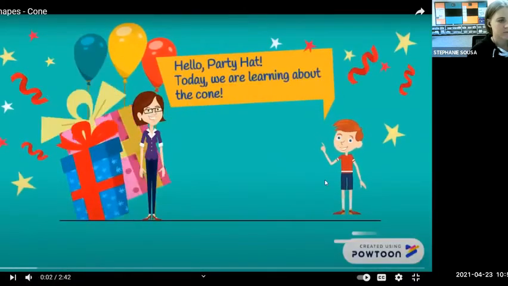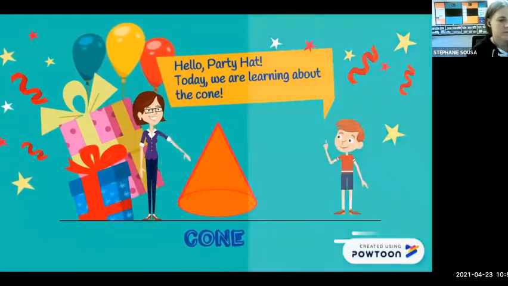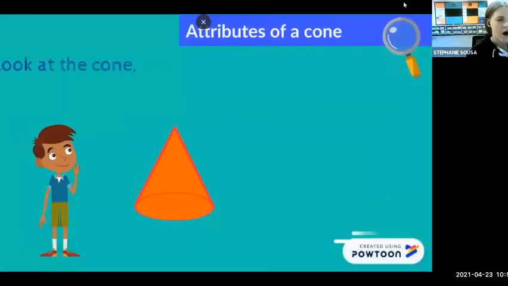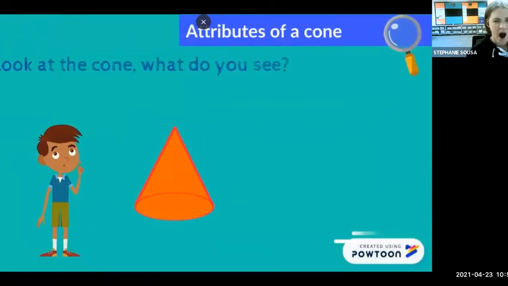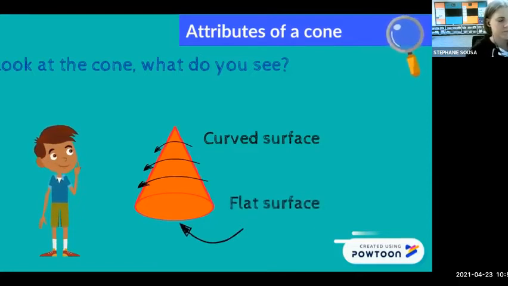Hello, Party Hat. Today, we are learning about the cone. Look at the cone. Do you see a curved surface? Wrap your hand around it and say, curved surface. Then flip it over and look at the flat surface on the bottom. Put the cone on your hand and say, flat surface.